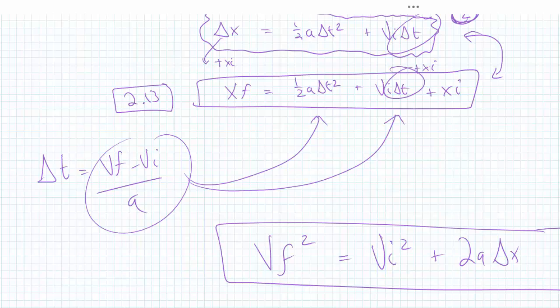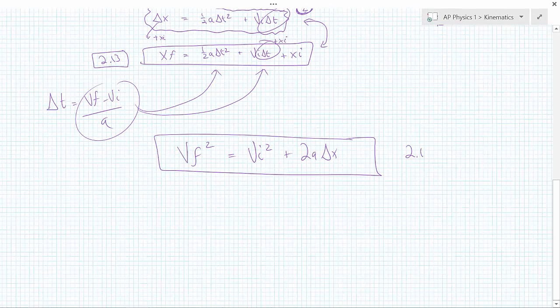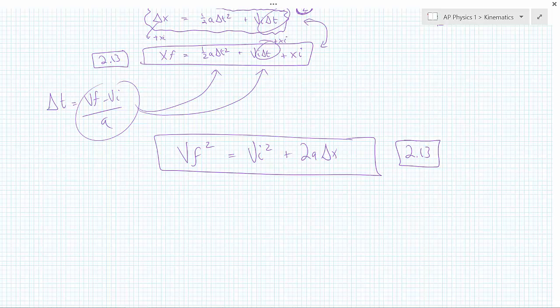And so that's going to be equation 2.13 in your book. Another very useful equation. This one doesn't have time in it. So if we don't know time, we can still take acceleration, delta x, and then either of those velocities and solve for something we don't know.